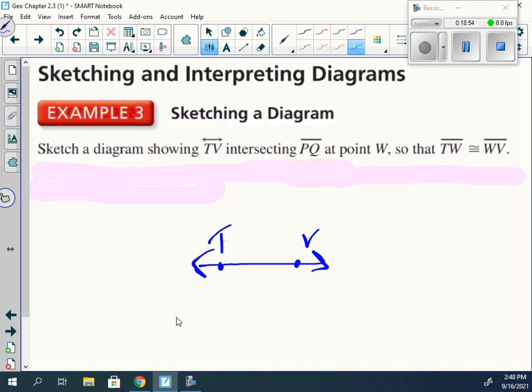So I can make a line and have T and V. And then the other one is a line segment because it does not have the arrows on either end. And we can call it PQ. And their intersection is point what?